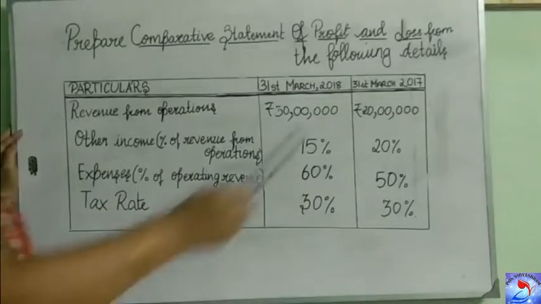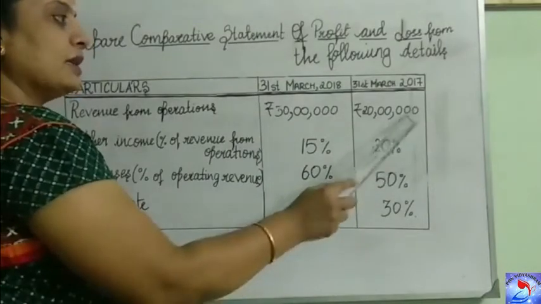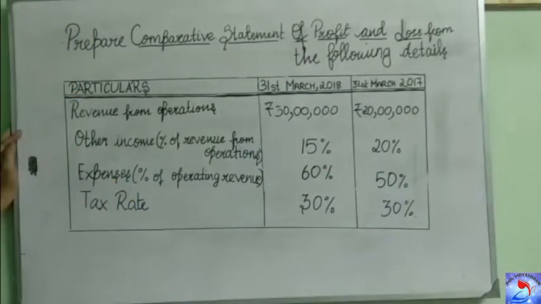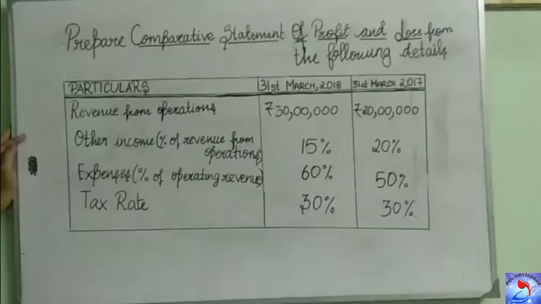Then for 2017 you have to calculate 20% of revenue from operation, which will give you the other income.